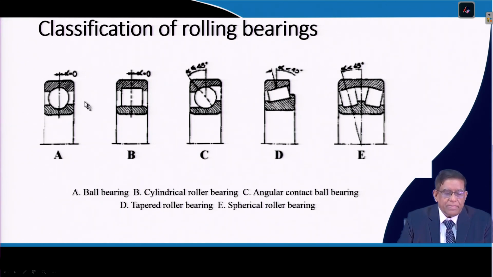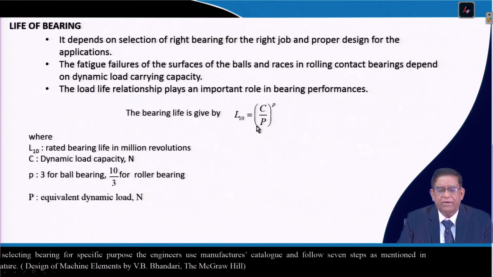Depending on the shape of the part which is rolling, it gets its name, like a roller bearing. There is an angular contact ball bearing, where you can see the contact is not parallel. Similarly, there could be a tapered roller bearing, a spherical roller bearing, and many combinations of different shapes are also available.